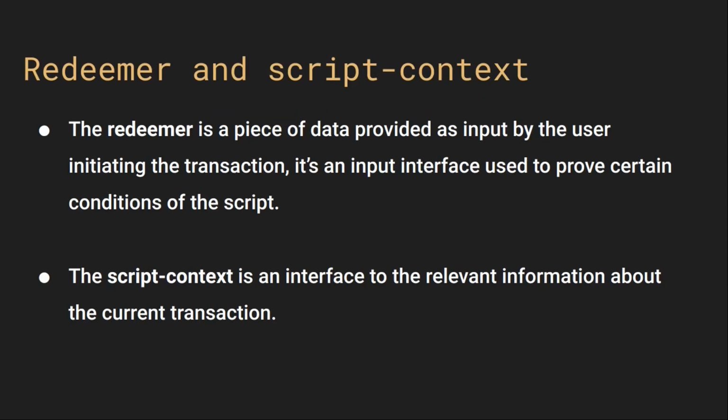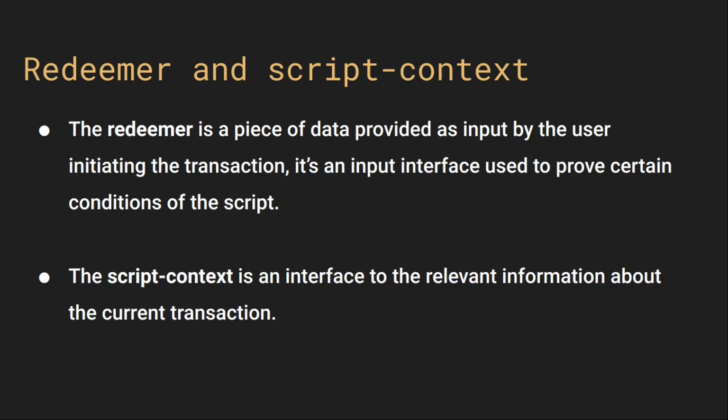Good, so a quick recap here about two concepts that are very important regarding minting script. The first one is the redeemer, and that is a piece of data that is provided as input by the user that initiates the transaction, and it serves as an input interface that is later used to prove certain conditions of the script.